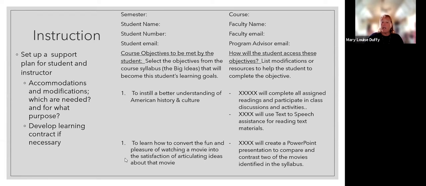Of course, we only have one here. It's in two parts. It should not be 20 objectives. That doesn't serve anyone for the purposes of learning the material. You can have more accommodations or modifications, but minimize the number of objectives. How's that sit with you? Are we good on that?